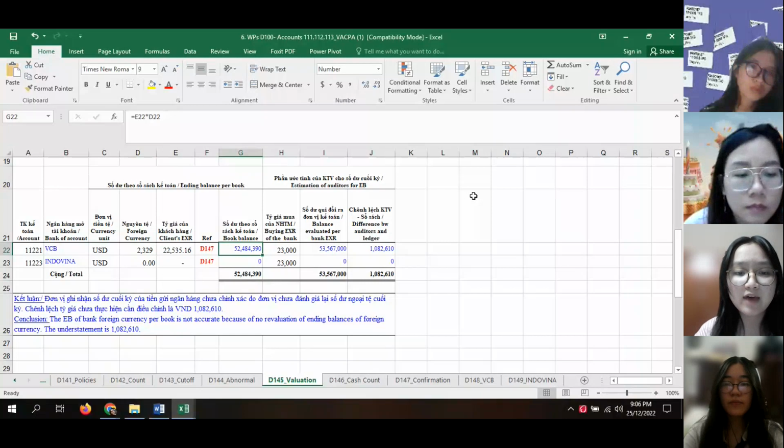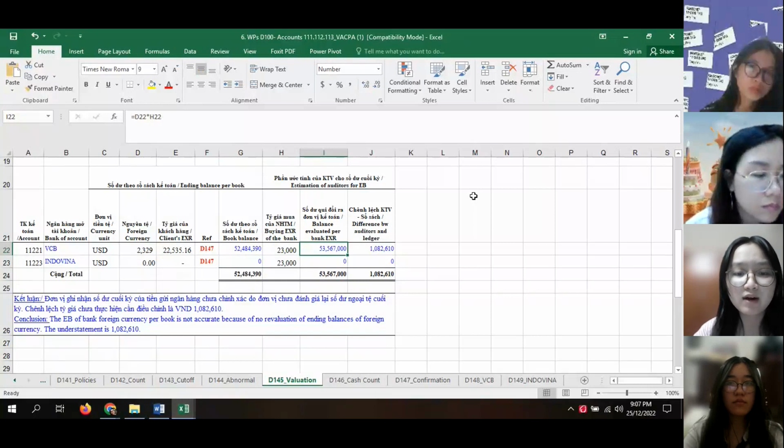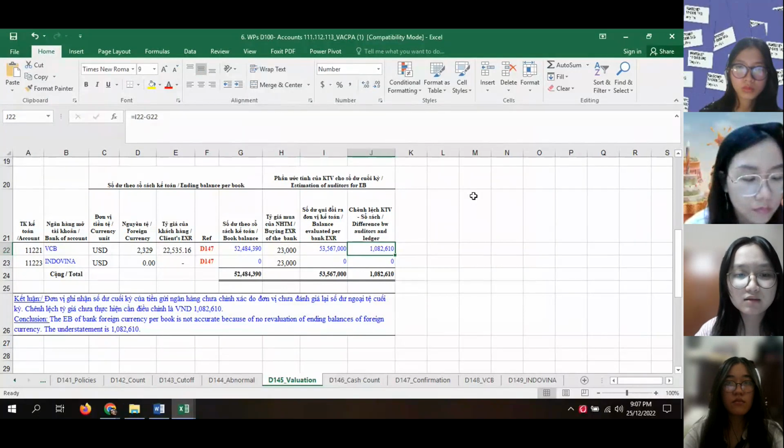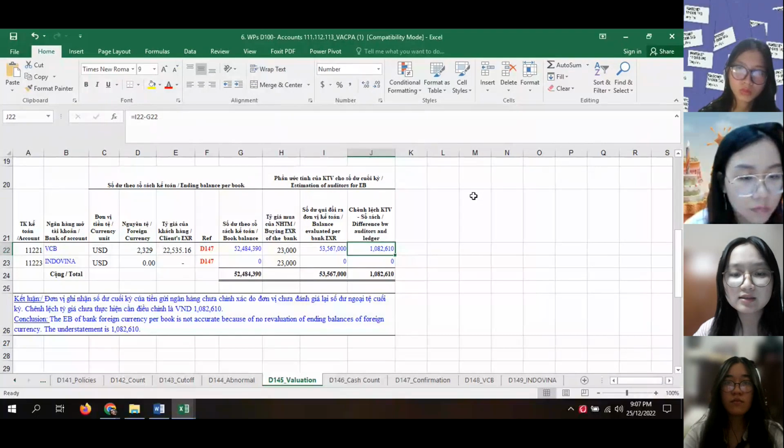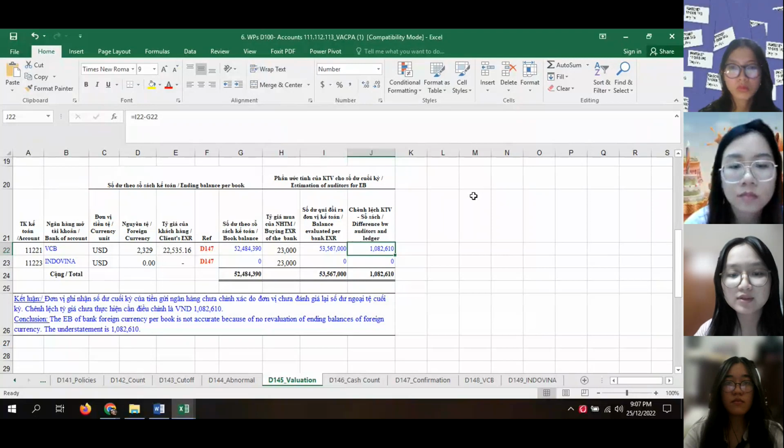and the bank that evaluated the bank EXR is 53,567,000, and after that the final difference between auditor and ledger is 1,082,610.